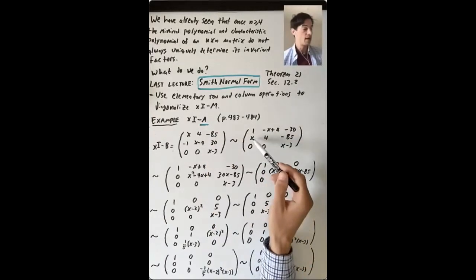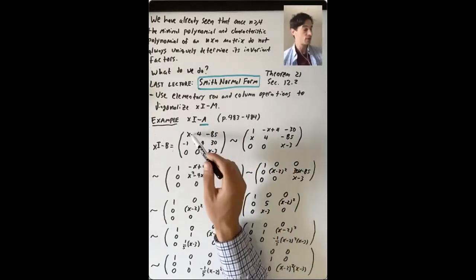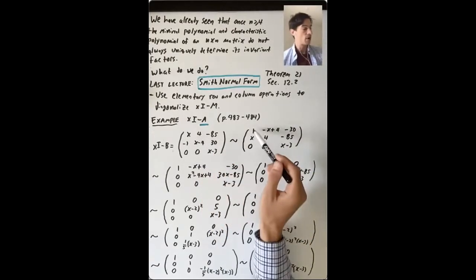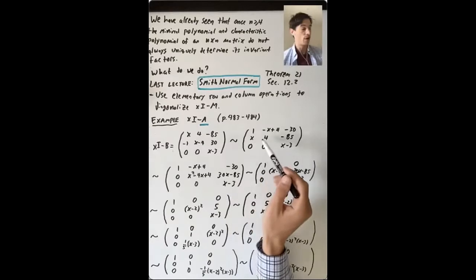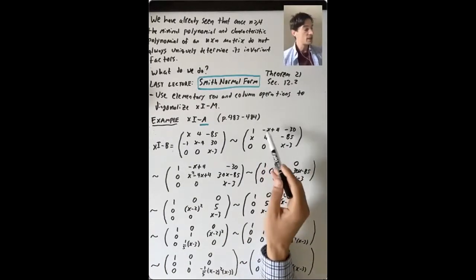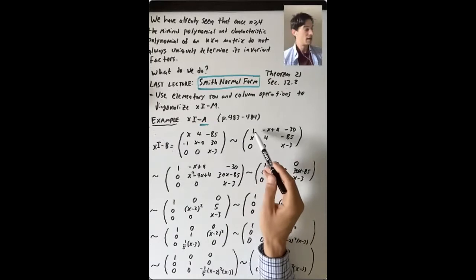So I'm going to do that here. I swap the rows. So you see the first row here is the second row here. And then I just took the new top row and I scaled it by -1. So I did 2 row operations together here. Why can I scale by -1? Because that's a unit in Q[x]. All right, so why is it good to have a 1 in the upper left corner?